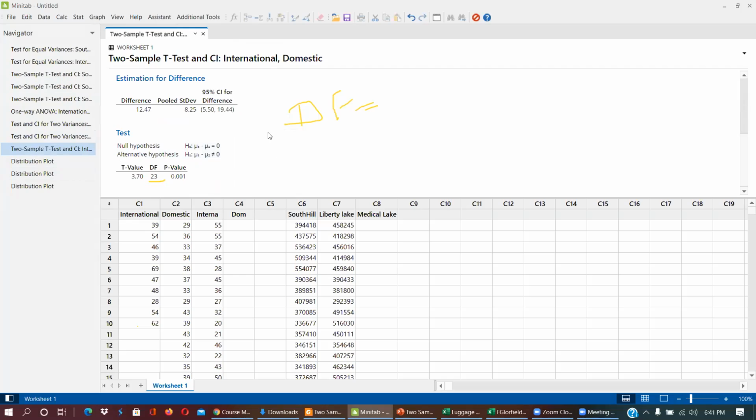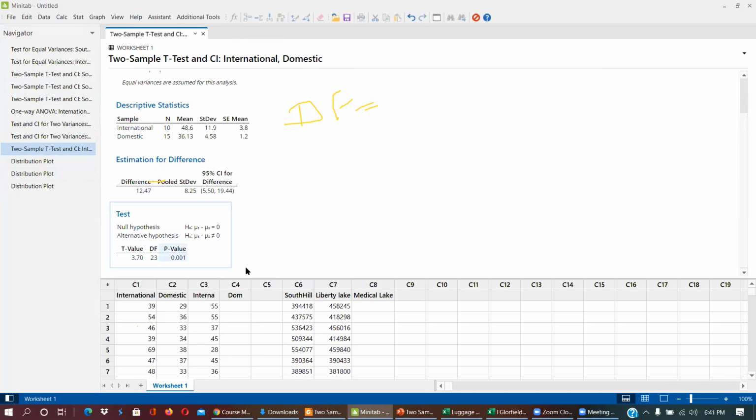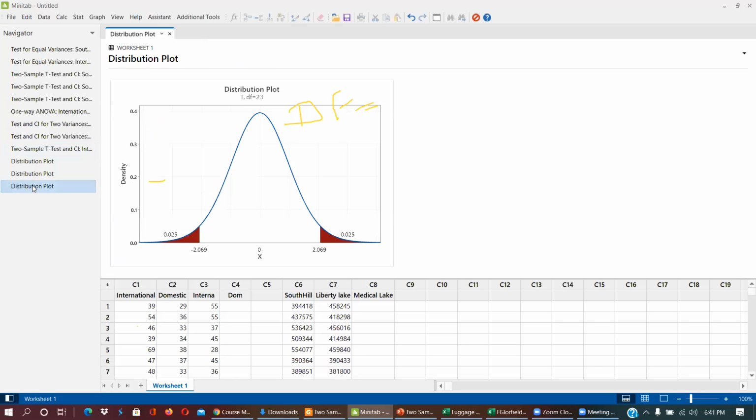Since we have a p-value, it's easy and simple to use the p-value to reject or accept your hypothesis. Therefore, we are not going to look into that. But let me demonstrate the test statistic. This is coming 3.70. Now look into the distribution plot.